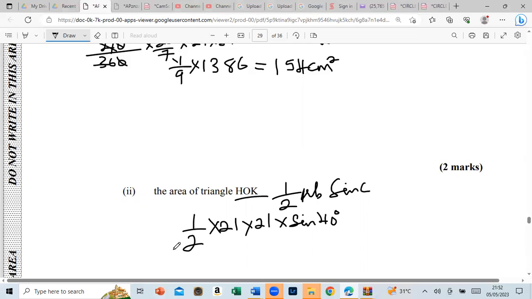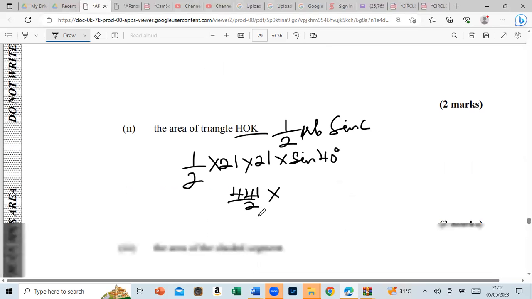Use the calculator for this. 21 times 21 gives us 441, and then we divide by 2. So it's 441 divided by 2, which works out to 220.5. On the calculator, that's 220.5 times sine 40. Work out that part.